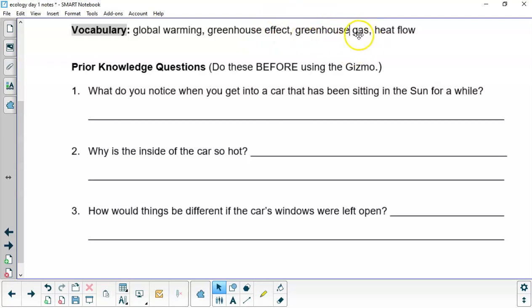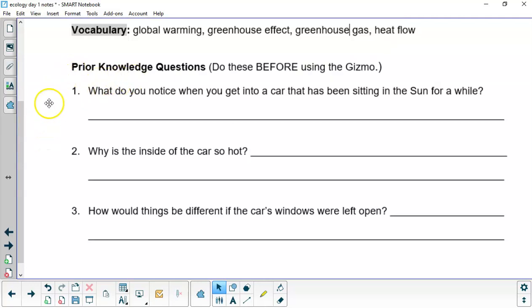Greenhouse gas, we wrote 4 of those in your notes on the previous video. And then heat flow is just the heat energy moving from one place to another. So from the sun to the earth to the air, back down to the earth, how is the heat moving? So those words might be useful as you're answering questions.